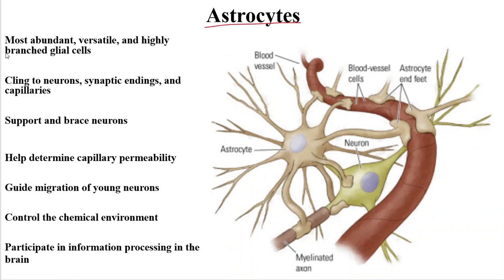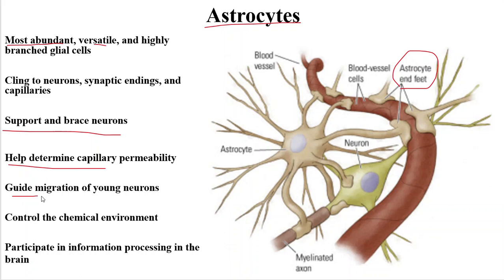Astrocytes, these are the most numerous of the glia cells, very versatile. These guys have branches that form these processes, and they call them end feet. These guys are actually going to hold on to the neurons and support them, and they're also going to put their processes around the capillaries, and that's going to help them form what's known as the blood-brain barrier, to make sure that only certain things are allowed to leave the blood and enter into the brain.